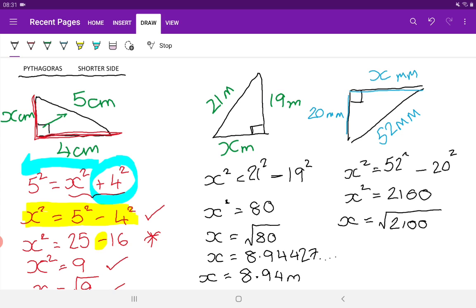Make sure as well that that little squared sign has gone from your x. Unrounded answer first of all, folks, 45.8257 and so on. That's enough to help me round it to 2 decimal places. 45.83, because remember that 5 means the 2 rounds up, and this one was in millimetres.